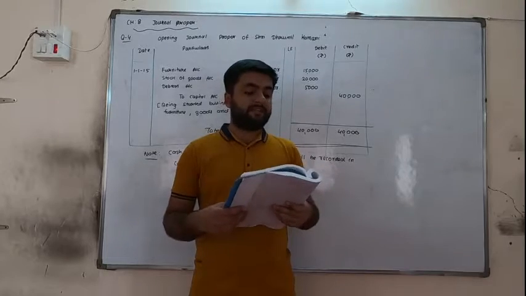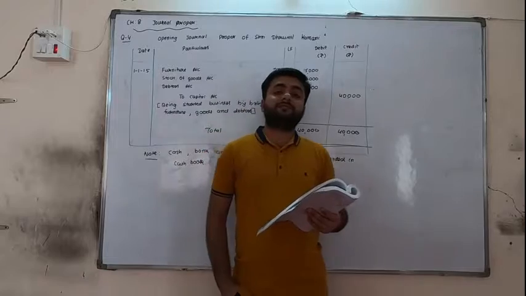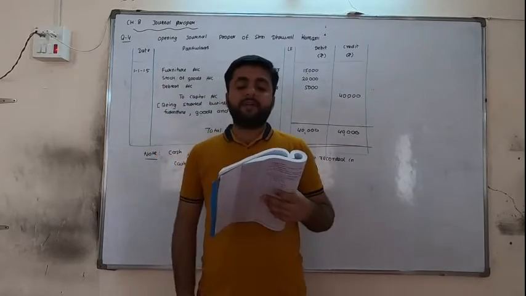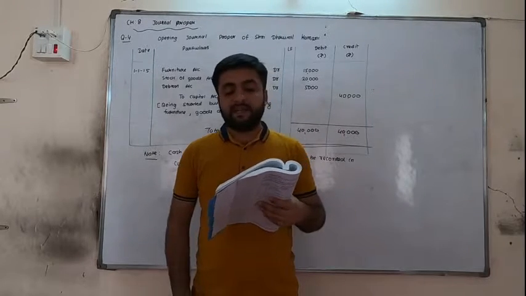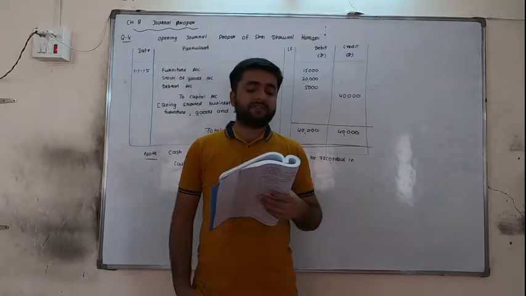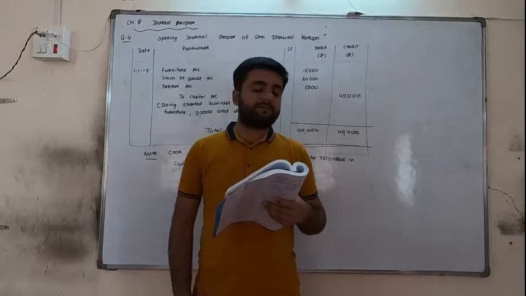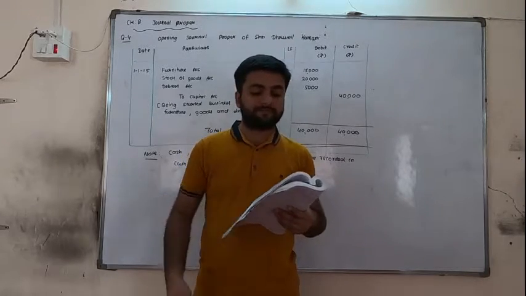On page number 193, transactions for which subsidiary books are not kept. The transactions for which subsidiary books are not kept are also recorded here. Which are they? Many times when the proportion of certain types of transactions is very small, a separate subsidiary book is not kept for them. Such transactions are recorded in journal proper. For example, all traders do not keep subsidiary books for recording bills receivable and bills payable.